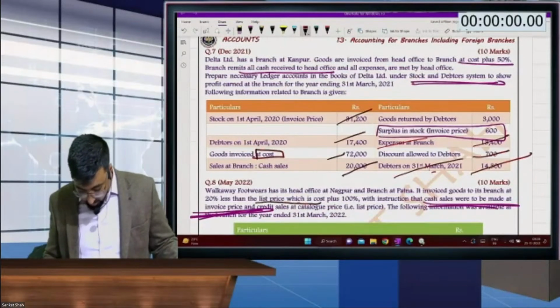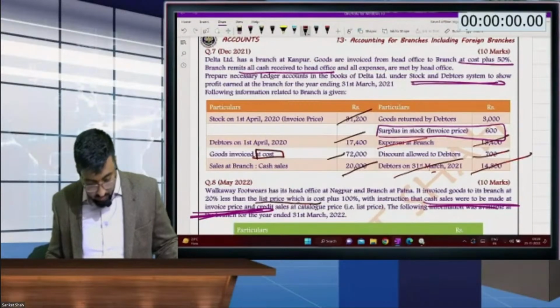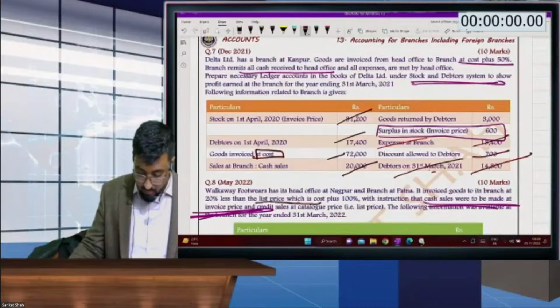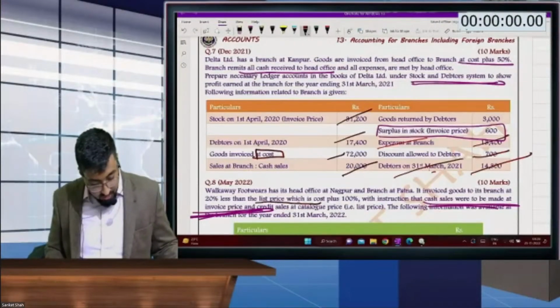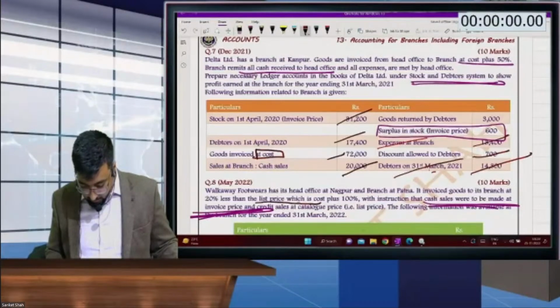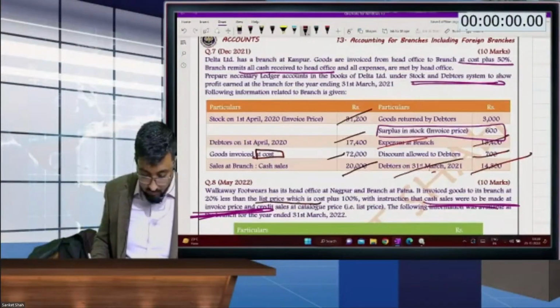By cash is also left, beta. Debtors. Now tell me, by cash is left. Closing stock is given in the question, no. Yes, beta.